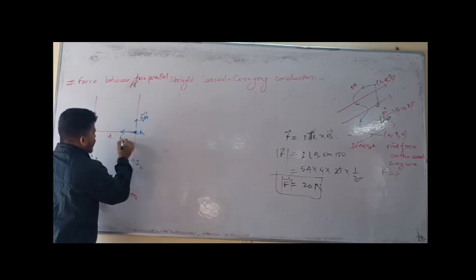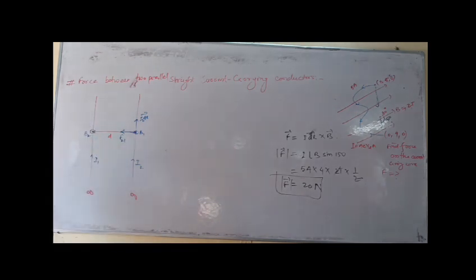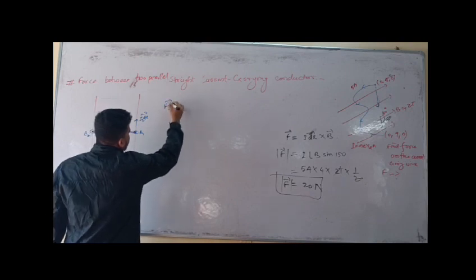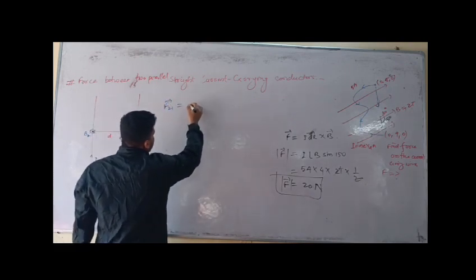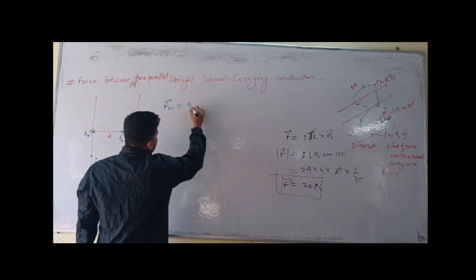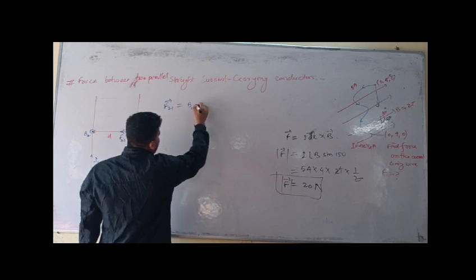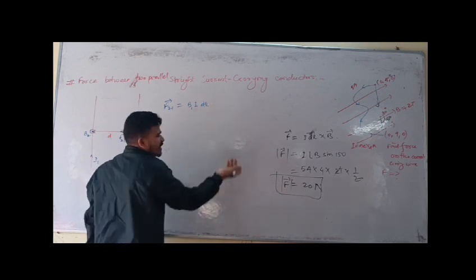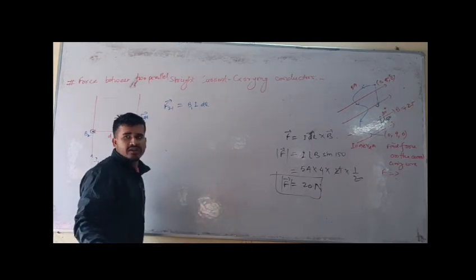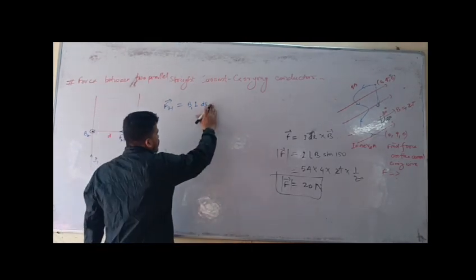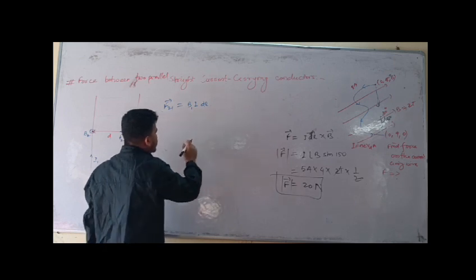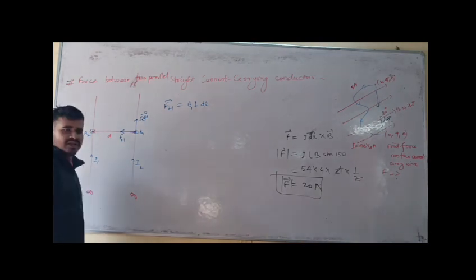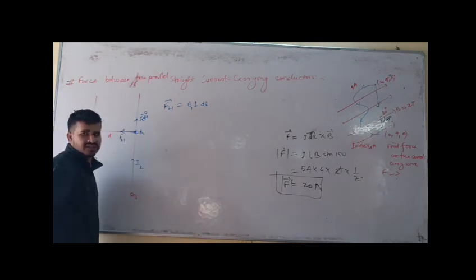This is the force on 2 due to 1. What will be the force on 2 due to 1? B1 I2 dl. I am considering dl length, I don't need dl1, dl2, because infinite wires are there.